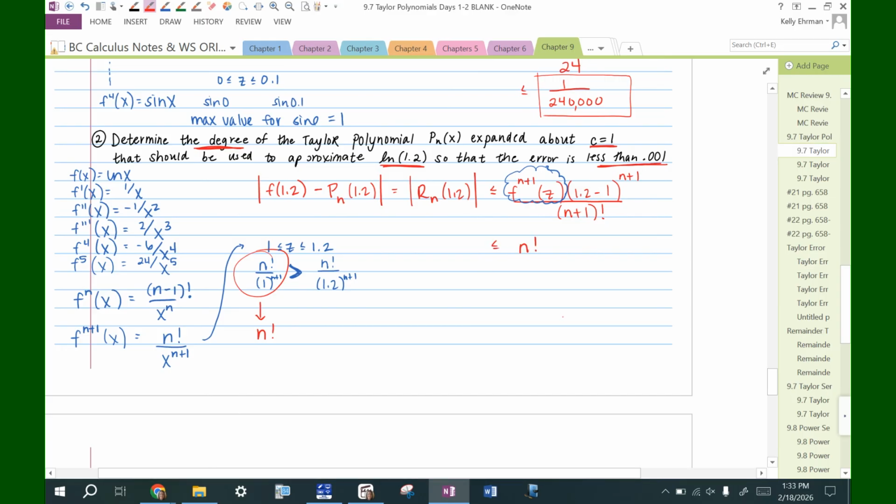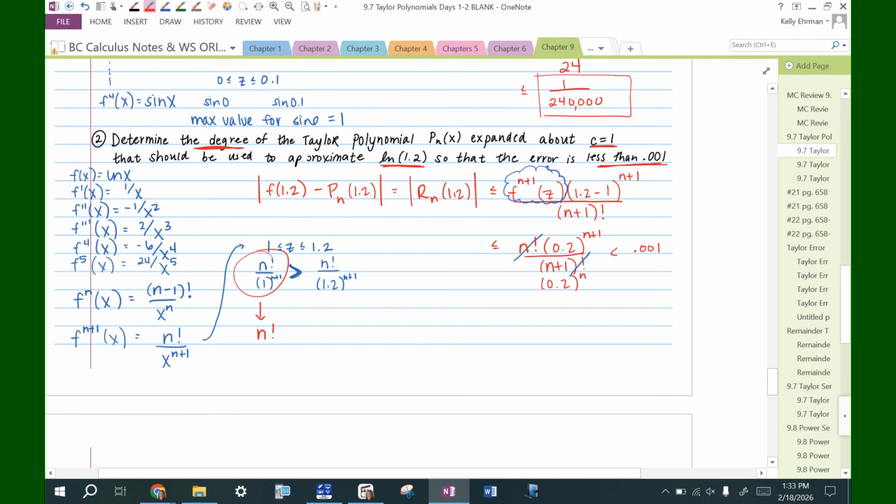n factorial for that spot times, how about we just make this 0.2 to the n plus 1 over n plus 1 factorial. And I forgot to say, once we get this all figured out, we're trying to figure out what n is to keep this less than 0.001. We can cancel some stuff out, right? That should always happen. n factorial over n plus 1 factorial.